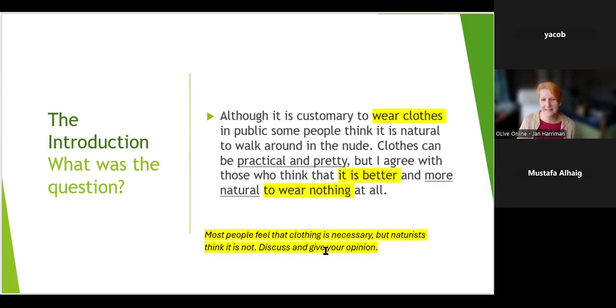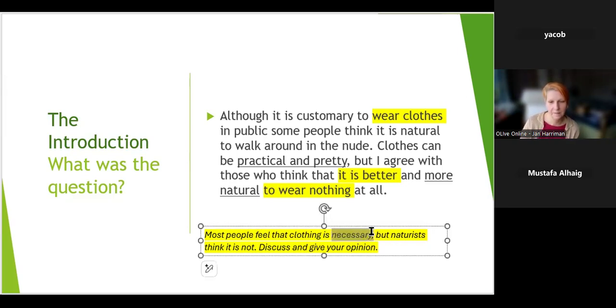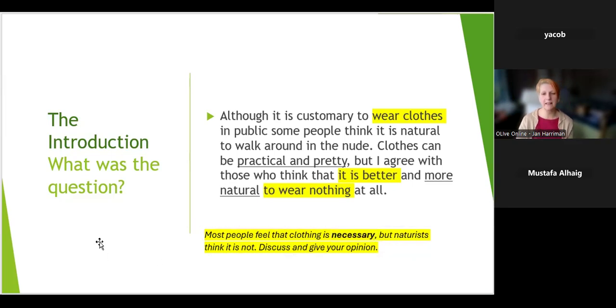What's the value word in this one? What's the word that actually is the reason we could write this particular essay completely? Yeah, whether it is necessary or not. Yes, that's exactly it. The whole essay is going to be about whether clothing is necessary or not.